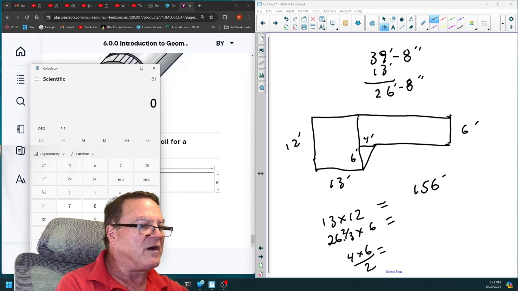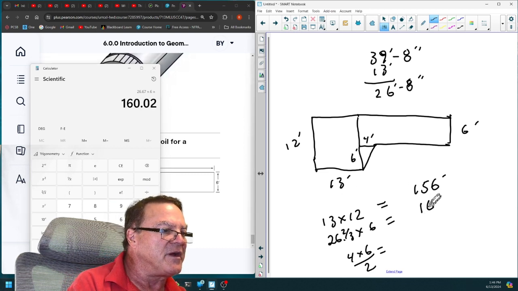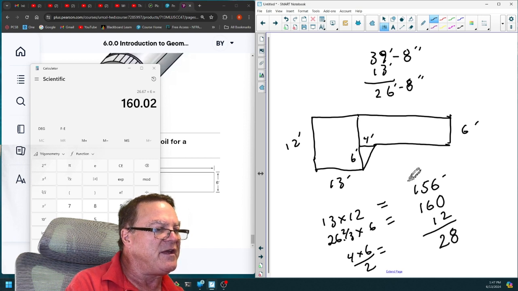And then we have 26.67 times 6, and that's 160.02. I'm going to write 160 and ignore the 0.02, and then 4 times 6 is 24 divided by 2 equals 12. So 6 plus 2 is 8, and 5 and 6 is 11, plus 1 is 12, and that's 1, 2, 3. So 328 square feet.